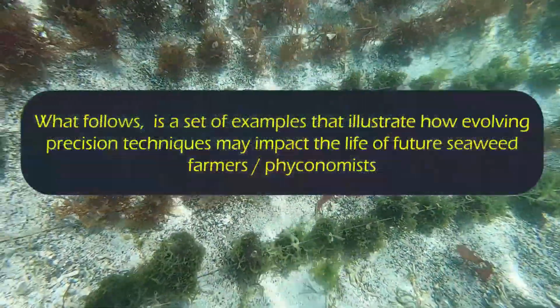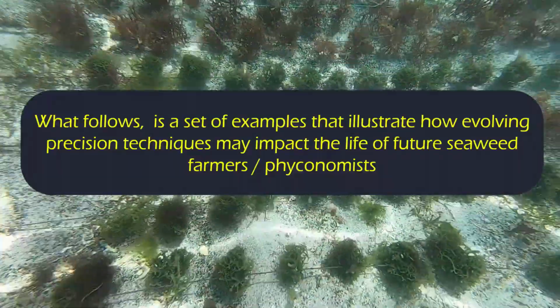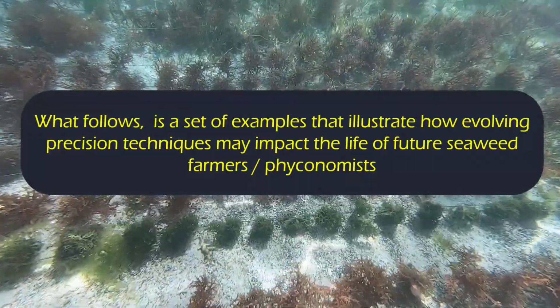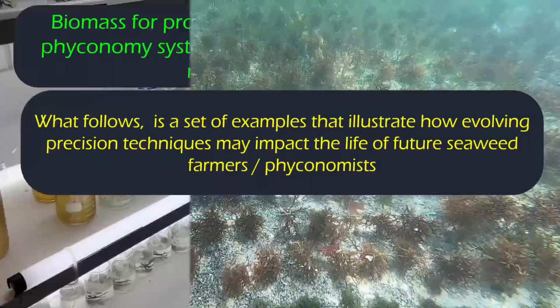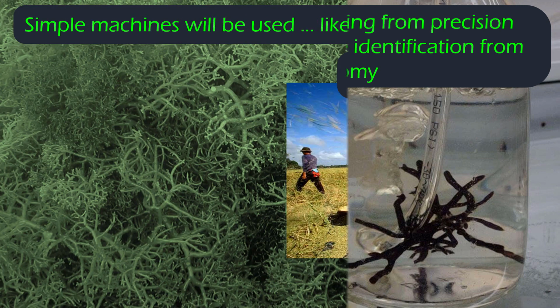What follows is a set of examples that illustrate how evolving precision technologies may impact the life of future seaweed farmers and phyconomists. Biomass for propagules originating from precision phyconomy systems with reliable identification from molecular taxonomy are already beginning to have an impact on the industry.